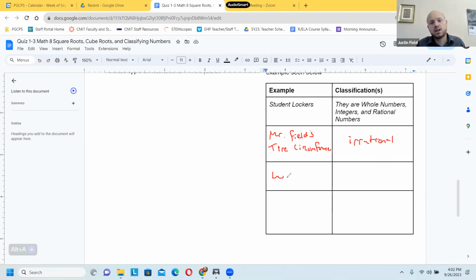We also talked about the windows, which would be whole numbers. We also talked about grades with Ms. Torres. I think we talked about grades or something. So that would be rational because you got those percentages, they can be decimals. And so here you go. Just a little bit of real world application. There's more than just these answers, but those are some of the answers.